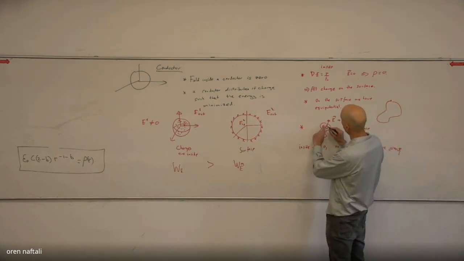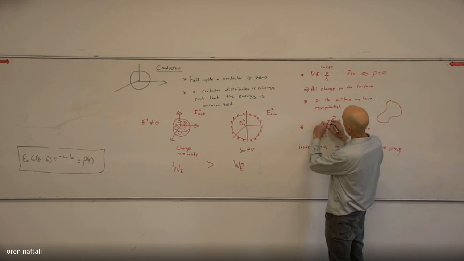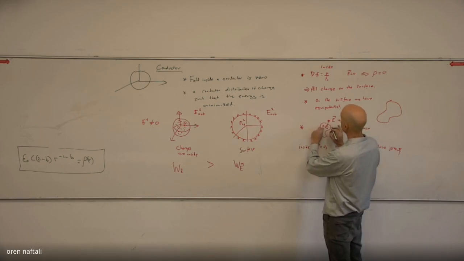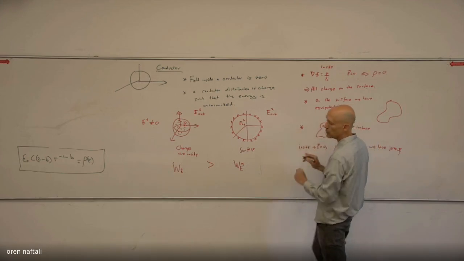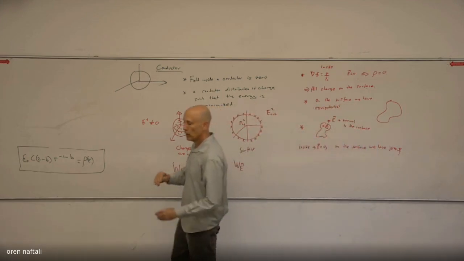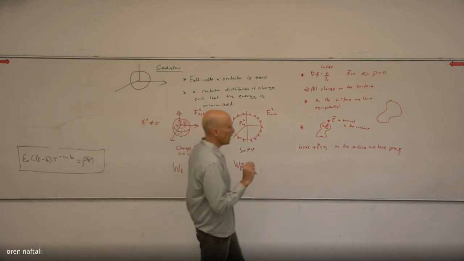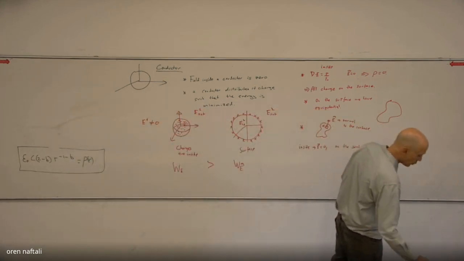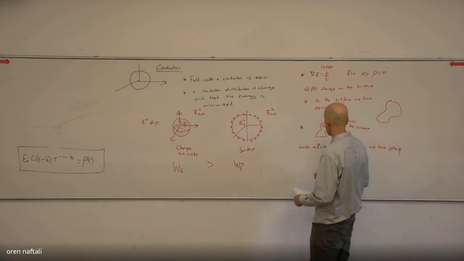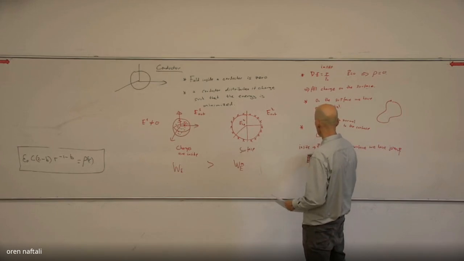You create here a Gauss surface, and you say the Q enclosed is given by the sigma times the size of the surface, and this should give you the fluxes from below and above. This is all in Griffiths, and the end result is the following, that this is the electric field.